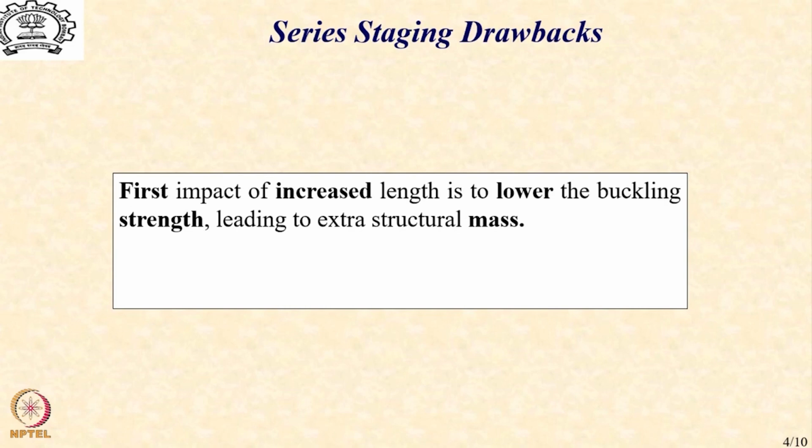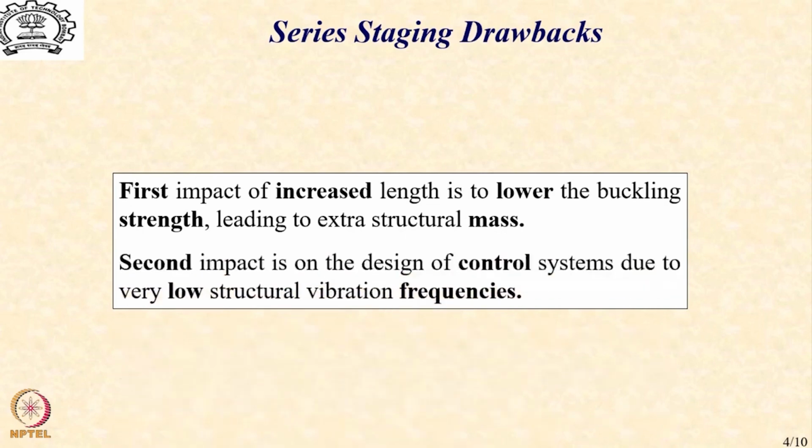So, which ultimately will result in a less efficient mission. The second impact of increased length is that it results in very low structural vibration frequencies, which sometimes can interfere with your closed loop control for the trajectory, and there could be issues of stability of the trajectory if structural vibrations are excited due to disturbances.